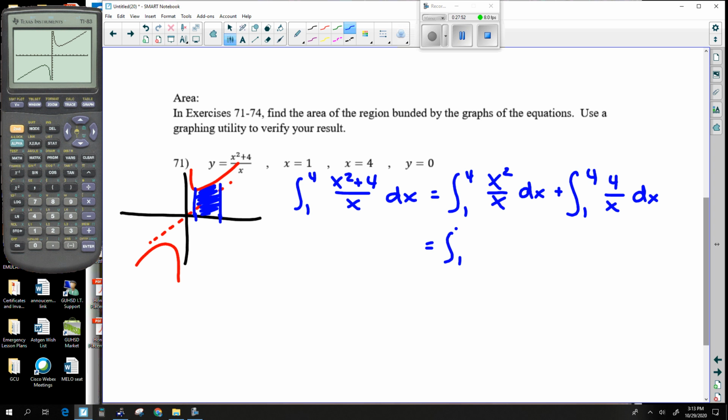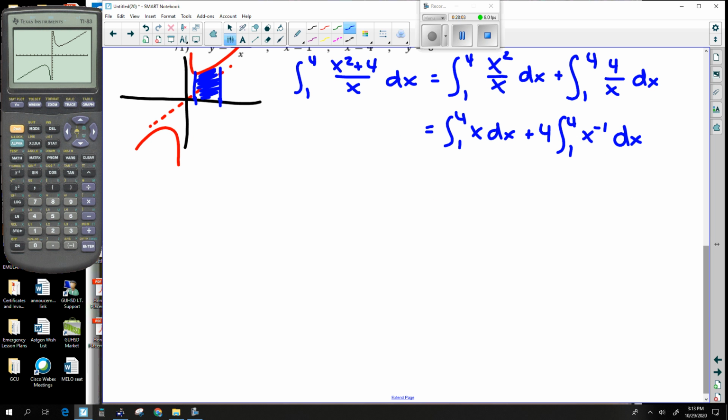All right, so this is 1 to 4 of x, and then this is 1 to 4 of x to the negative 1, okay, outside of 4. All right, so this first one is x squared over 2 from 1 to 4, and this is going to be the ln of x, again, from 1 to 4.